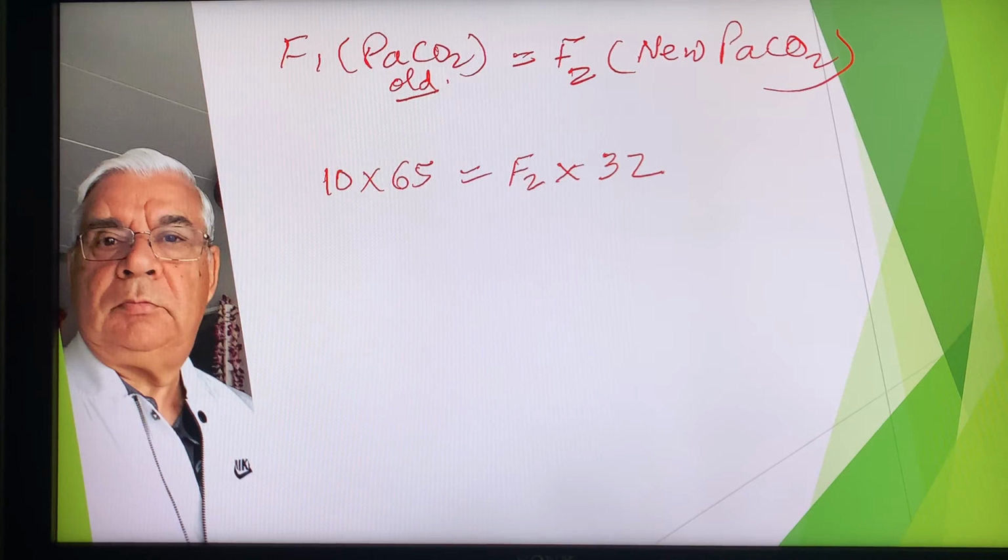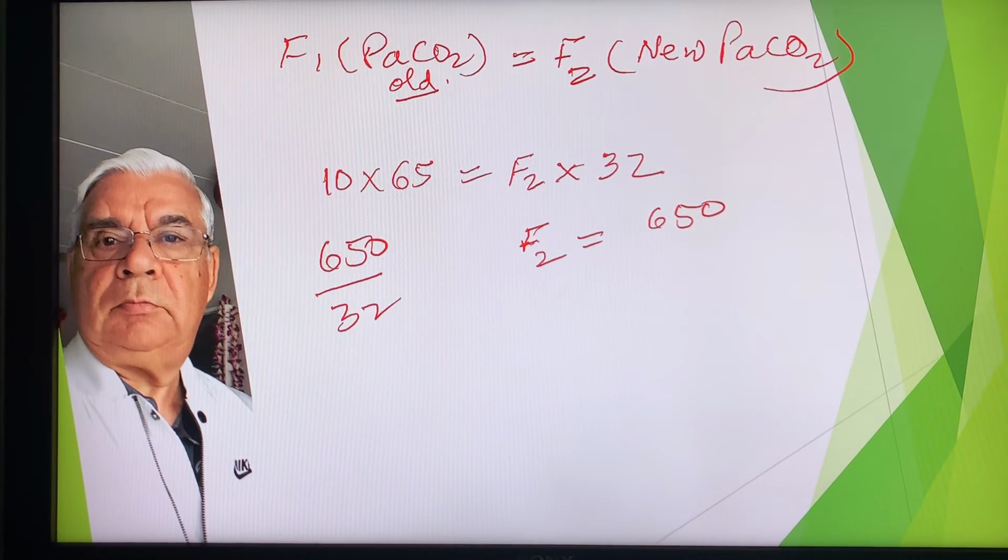To find out the F2, you have to do 650 divided by 32.